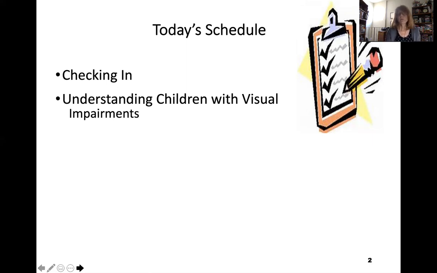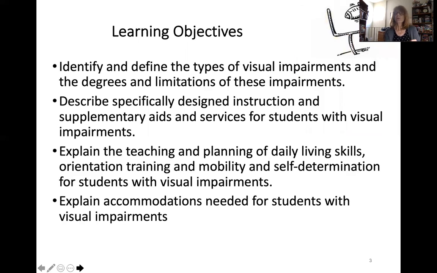So today what we're going to do is look at understanding children with visual impairments. And overall, really, there are different degrees and limitations, although limitations is one of those words that is more on the negative side. So think about the different learning challenges that maybe these students have.